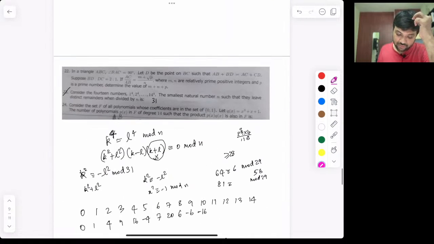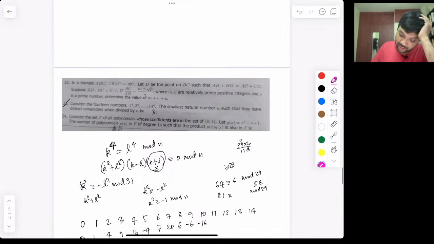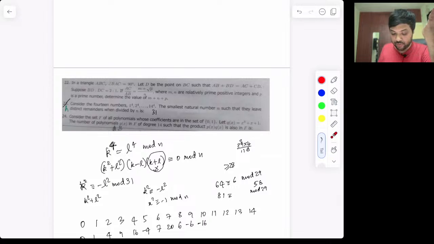However, 23 was fun. My most favorite question was 23. It used quite a bit of fun number theory. So I'm not sure whether people will get this one. This one I would say is on the harder side, but on the easier side of hard, I think, because in the worst case, once you realize that you need at least 28 here, you can just do trial and error and try with 29 and 30.